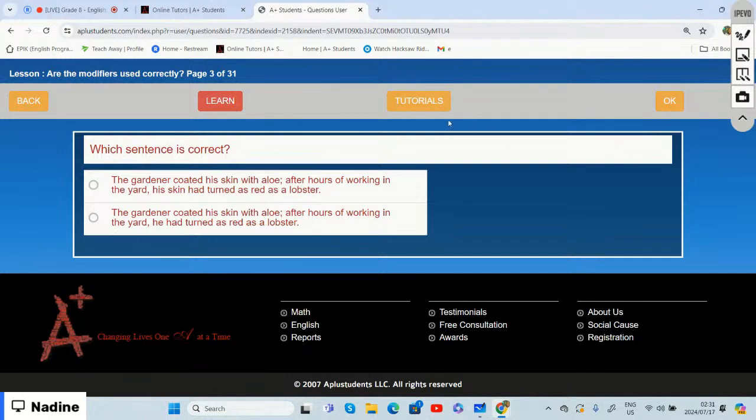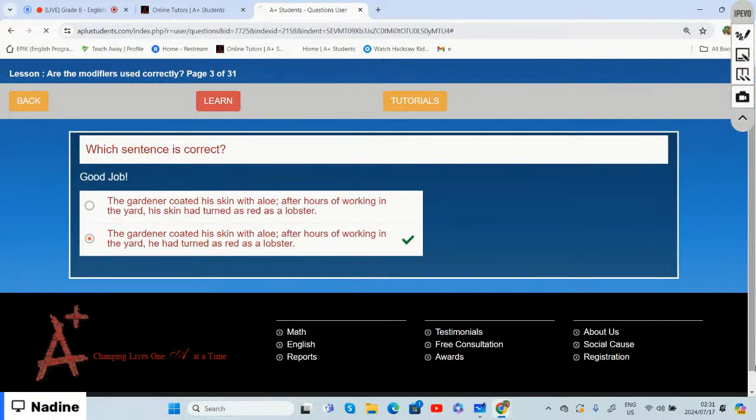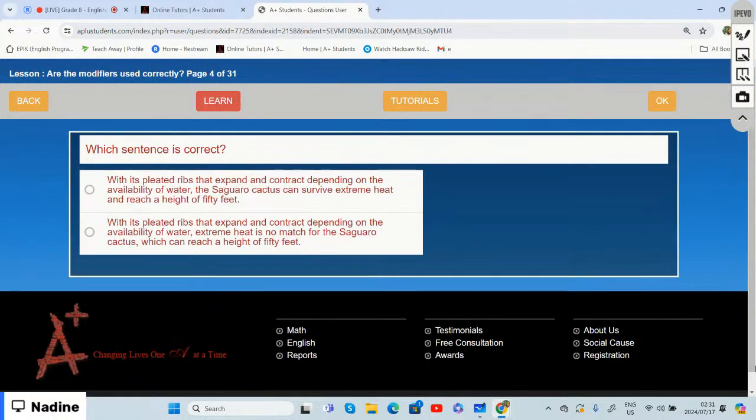So I don't know if it's now the skin has turned as red as a lobster or he had turned. Let's say he had turned as red as a lobster. Yes, he had turned as red as a lobster.